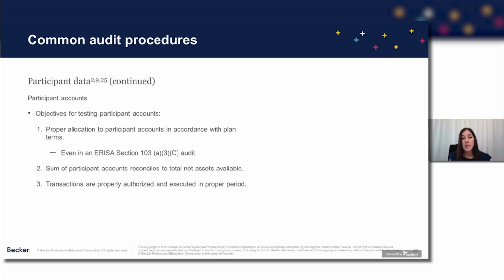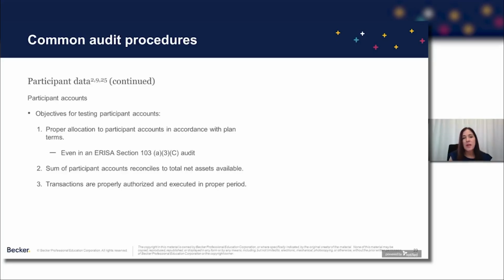You're also testing to make sure that, again, the investment income is properly allocated to the participant accounts, that the participant contributions are remitted and then deposited into the correct participant account, and that those transactions are properly authorized and executed in the appropriate period. So those accounts are part of this participant data and demographic information testing.